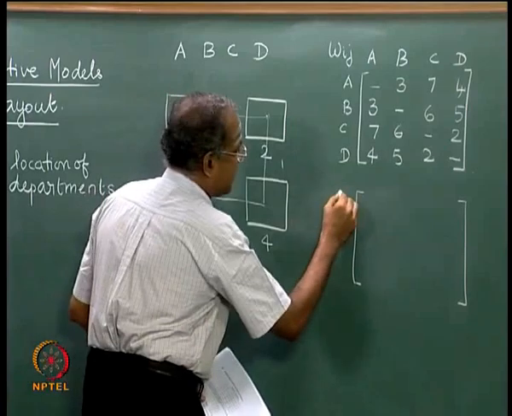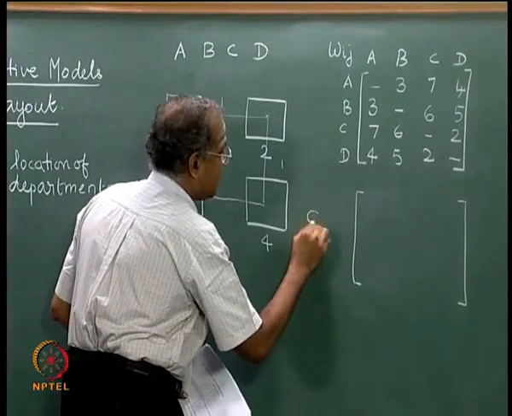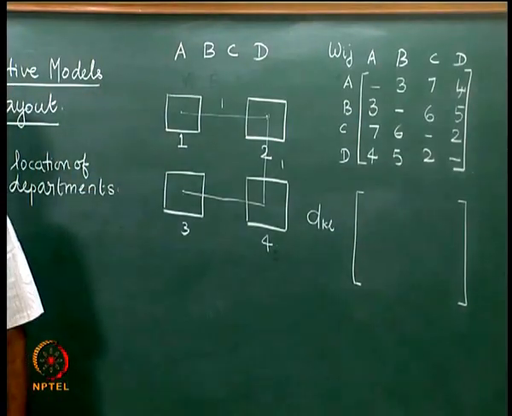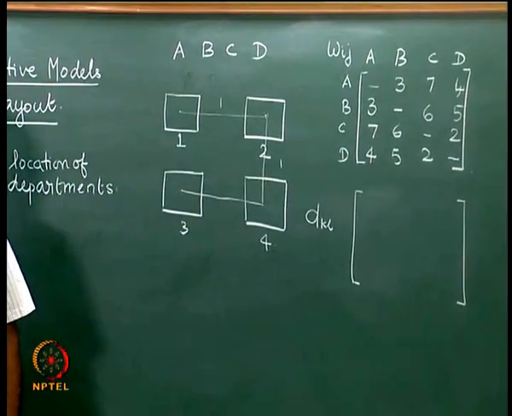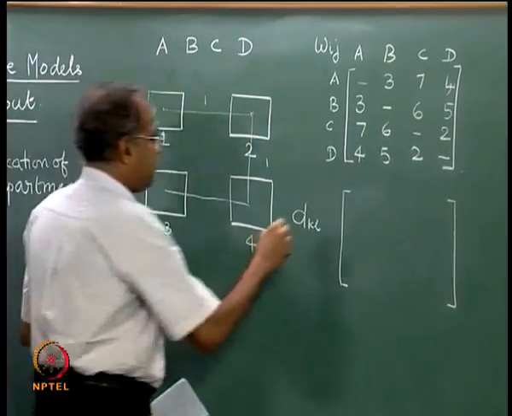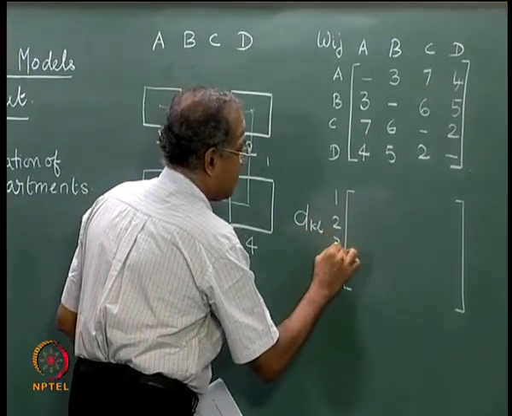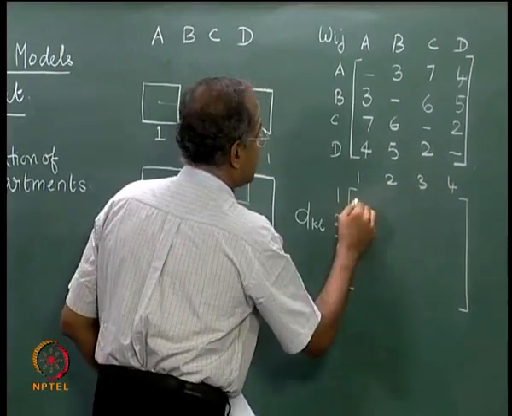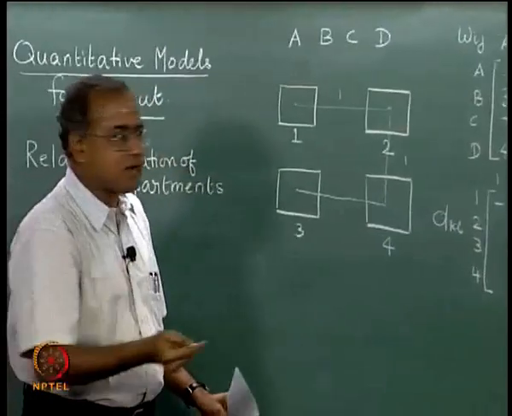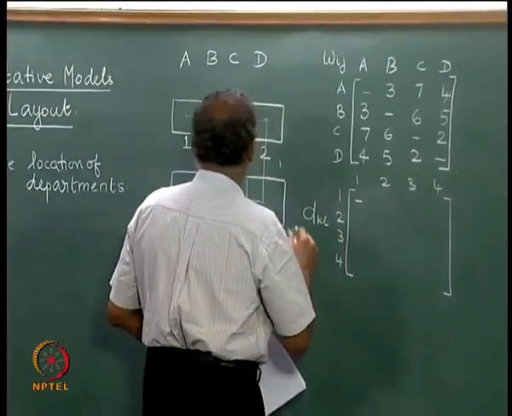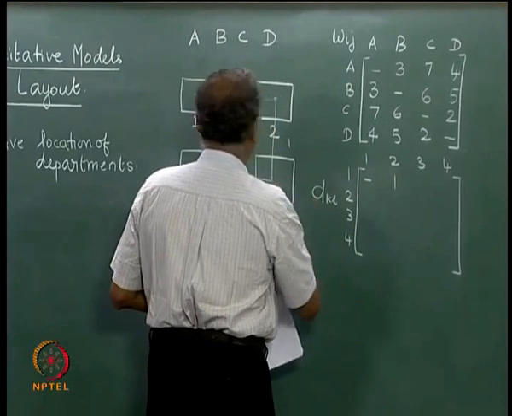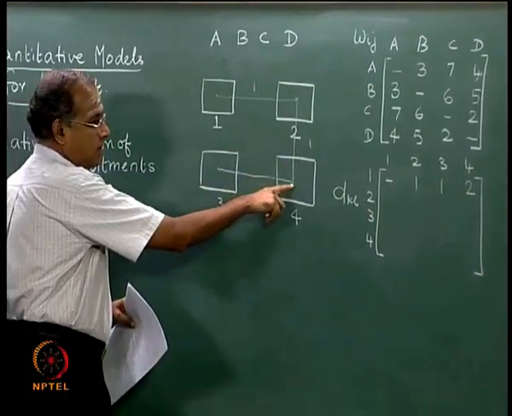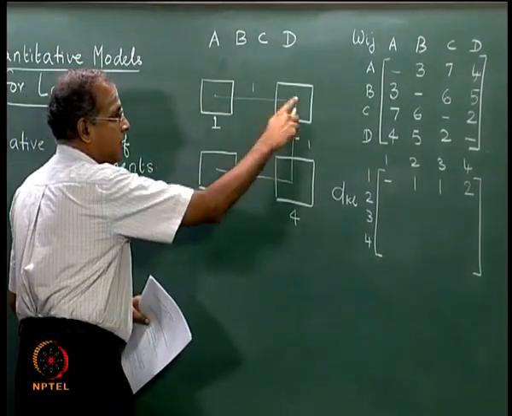So there are 4 sites and we create what is called a dkl matrix, where dkl is the distance between sites k and l. The 4 sites are written as 1, 2, 3, 4. The distance from 1 to 1 is 0 or it can be a dash, 1 to 2 is 1, 1 to 3 is 1, 1 to 4 is 2, because we take the rectangular distance.